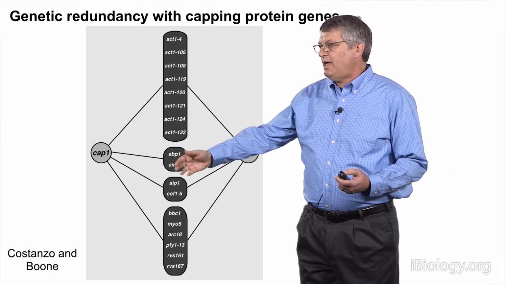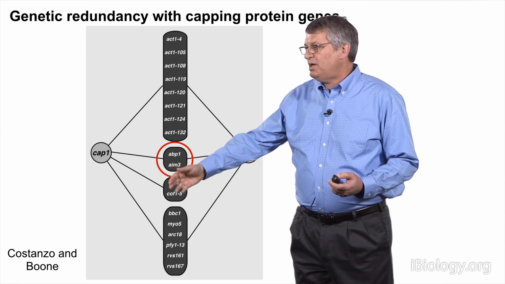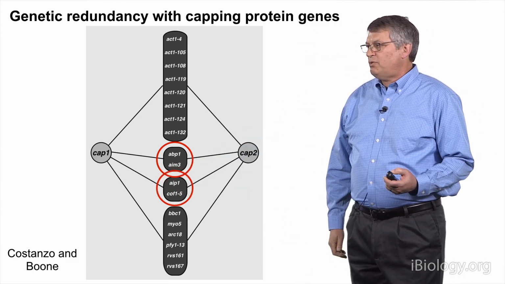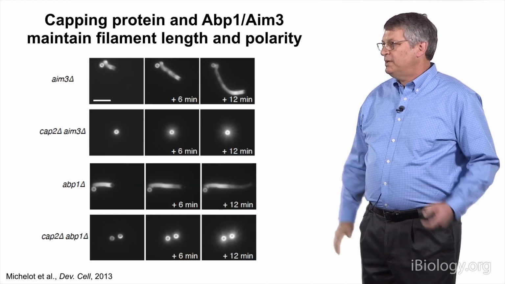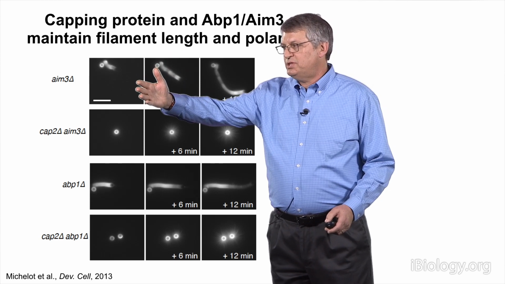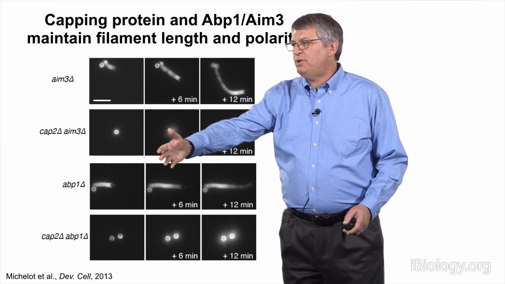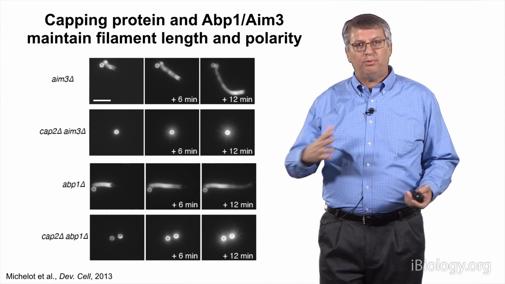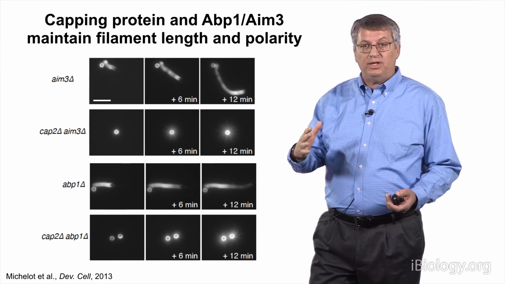And it turns out ABP1 makes a complex with AIM3, and AIP1 associates with cofilin. And so when we used Alfie's in vitro assay, a single mutant in any of these proteins, including capping protein, AIM3, ABP1, had no effect on the ability to form actin tails that would propel beads through the yeast extract.